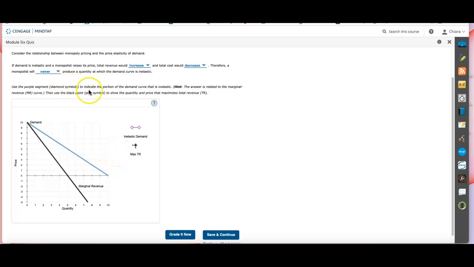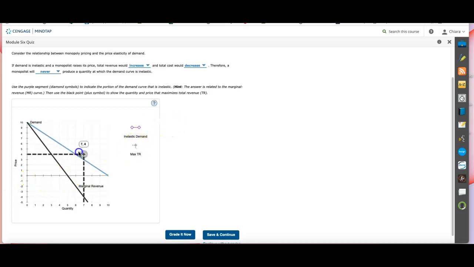Using the purple segment to indicate the portion of the demand curve that is inelastic. So we know the bottom portion of the demand curve is inelastic, but up to what point? Where is the demand curve unit elastic? The demand curve is going to be unit elastic where the marginal revenue intersects zero, where the marginal revenue is zero.